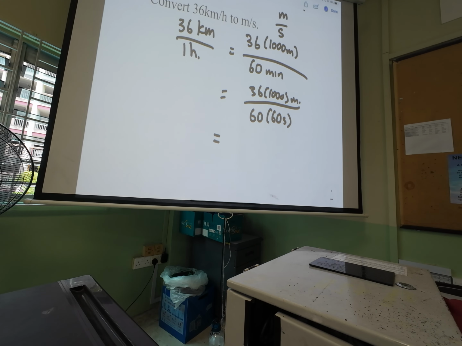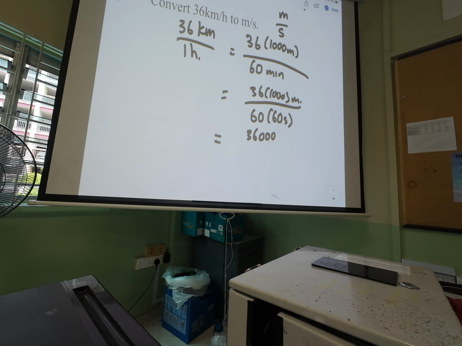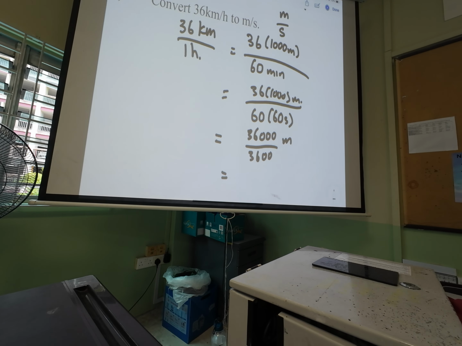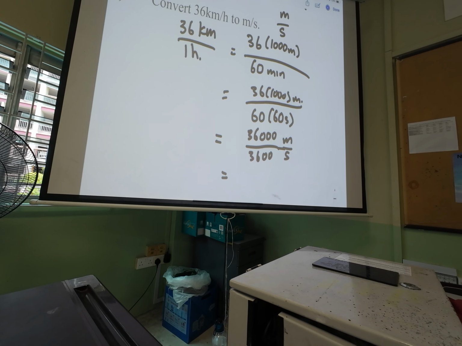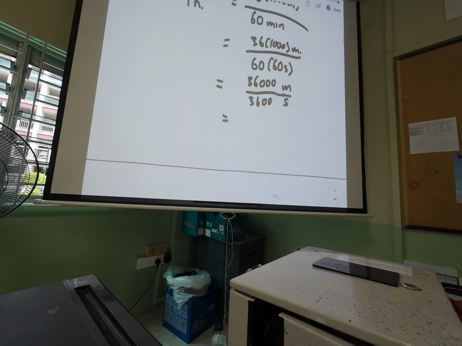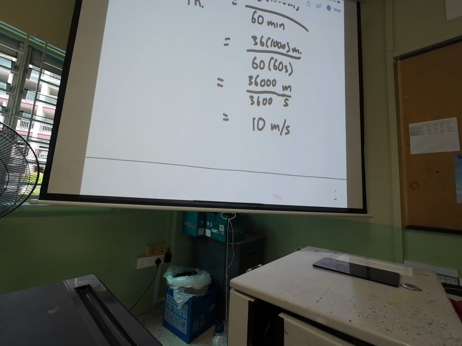I change both kilometer to meter and hour to seconds already. Okay? Then it will become 36, 1000, over 3600, and it is in meter per second already. Cancel, cancel, cancel everything, left 10 meter per second.